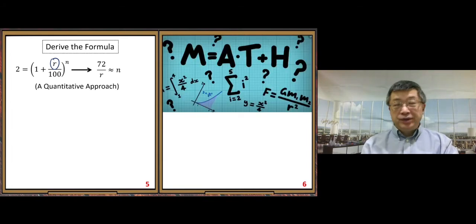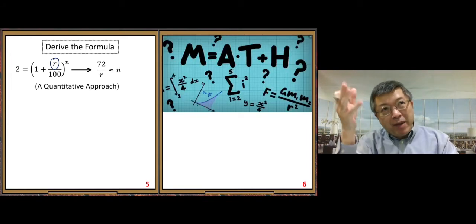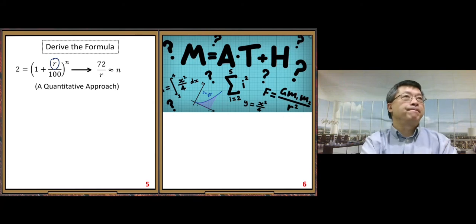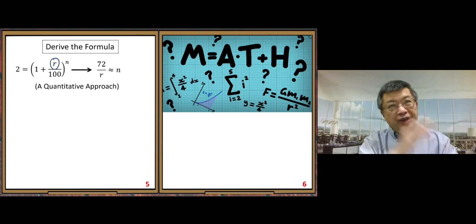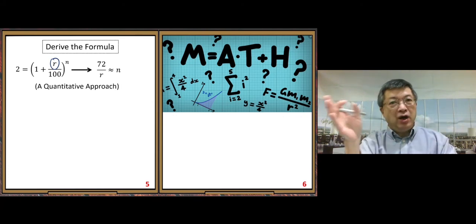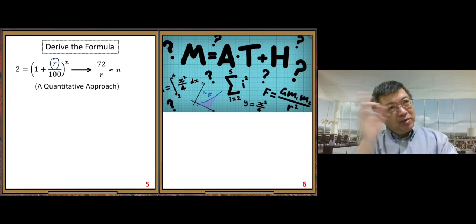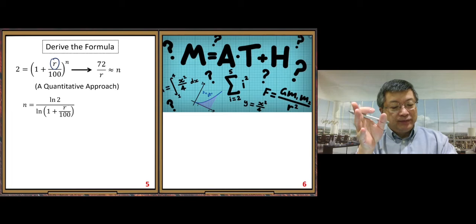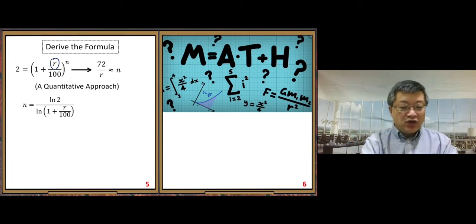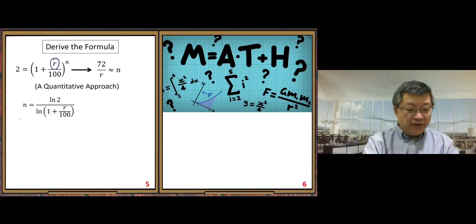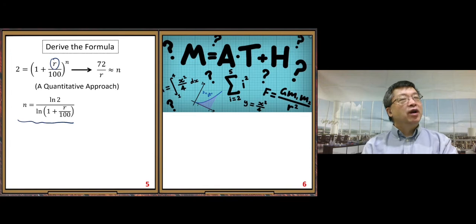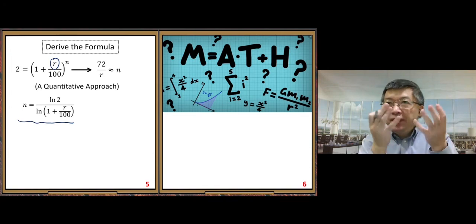To do that, we need to use some mathematical tools. Okay? The first tool we need to use is the natural log. In order to simplify the formula, we need to take the natural log. After the natural log, can you get this expression? Because we want to represent n.